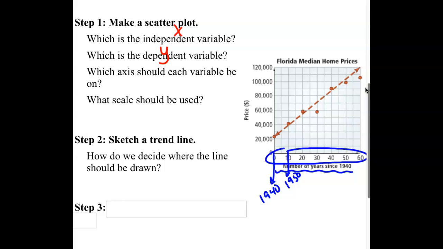If your data is really spread out, it's hard to figure out where that line should be. Your goal would be to try to balance it a little bit. If you have points above the line, you'd want to balance them with points below the line. Does that make sense? So typically we have a few points above and we have it balanced with a few points below. Okay?